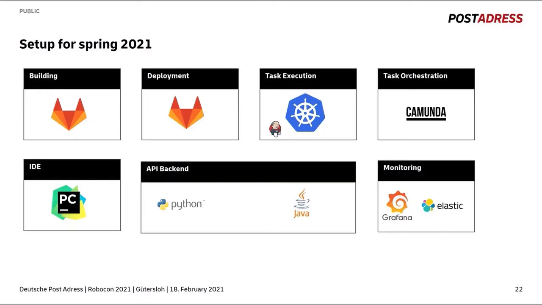So we still use GitLab, we still use PyCharm, but we're going to host our robot tasks as independent services on Kubernetes. And all those tasks fetch the workload from Camunda, process it, call some APIs, and give the result back to Camunda. And Camunda and the business people have the control over the process. And we also already use Elasticsearch and Kibana for logging.